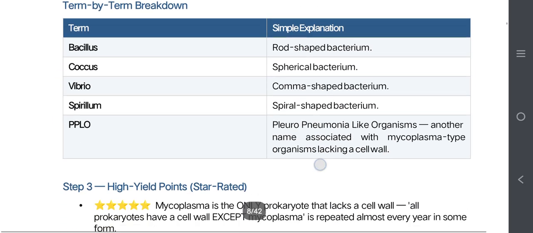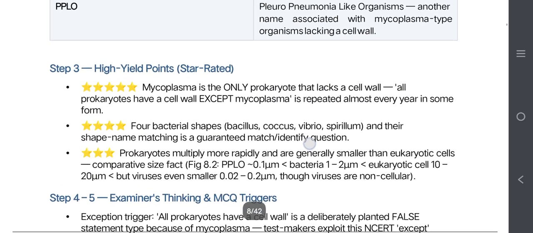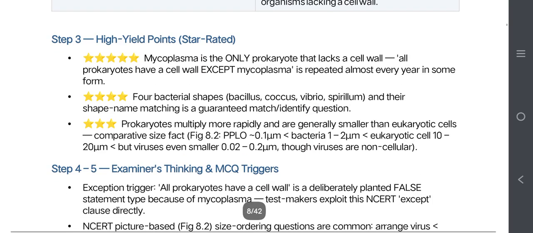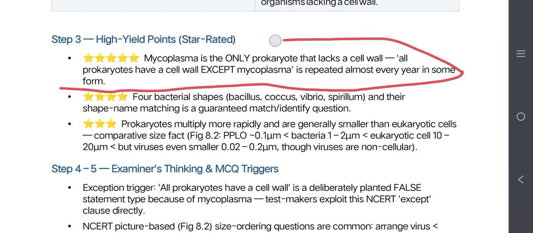Coming to the high-yield points: mycoplasma is the only prokaryote that lacks a cell wall.